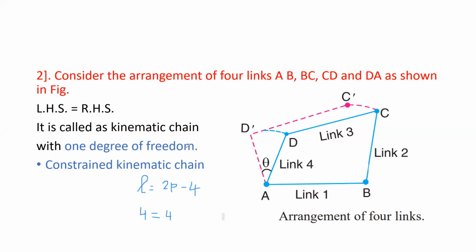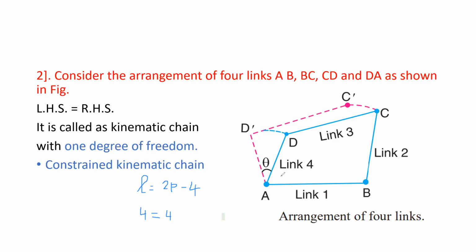Okay. And this particular kinematic chain is called a constrained kinematic chain. Means one definite or desired motion will transmit through its links. The motion which is desired by the designer, which is expected from it, it will not happen that you cannot predict the motion.